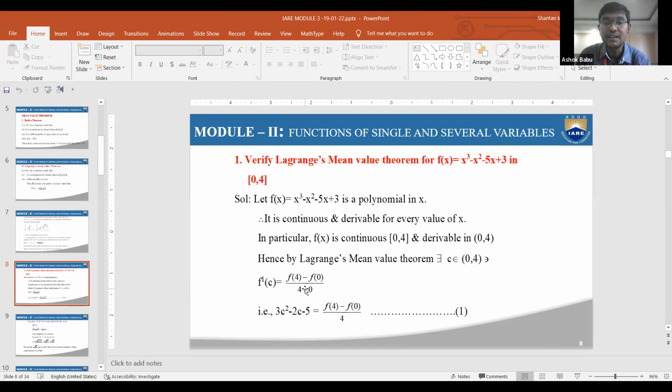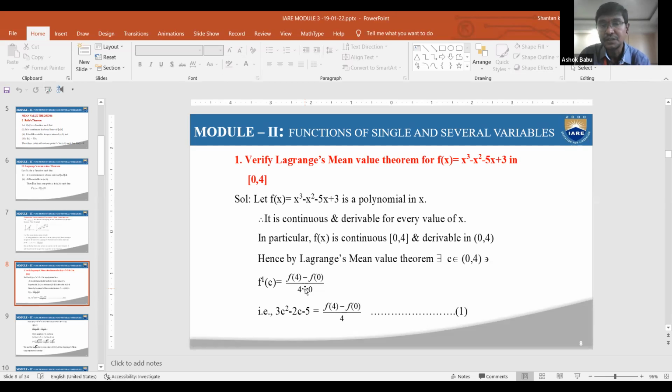Every polynomial function is also differentiable in the given interval a comma b, so the given function is continuous and also differentiable for every value of x.